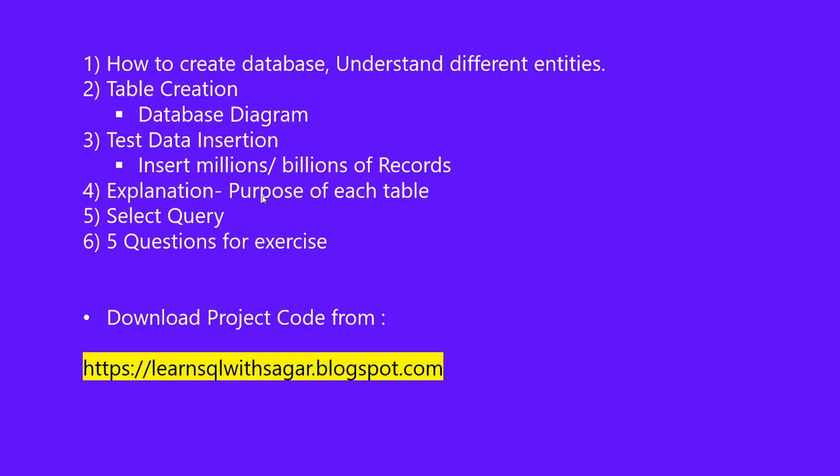And yeah, in terms of the technical part, there is how to create the database and identify the different entities, correct? And table creation, how to create the tables, and the database diagram, how these tables are related to each other.